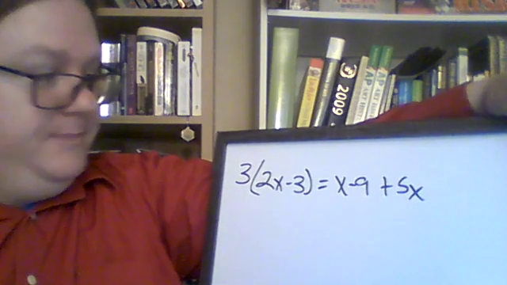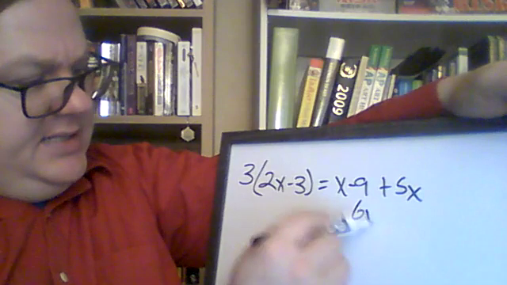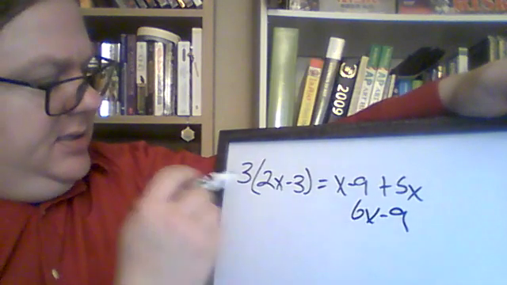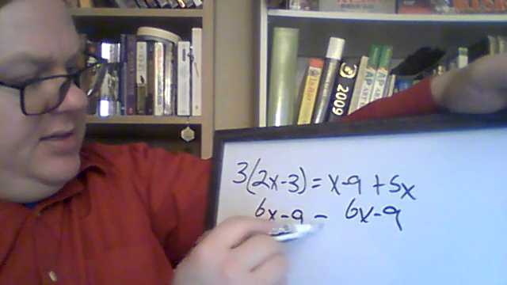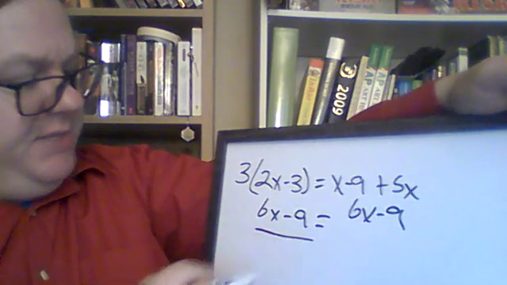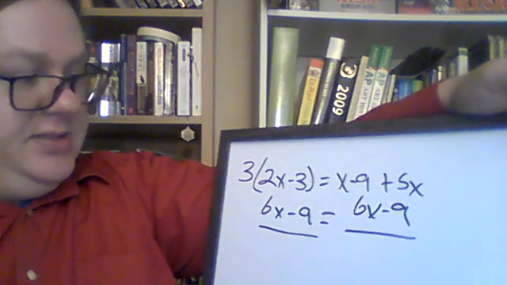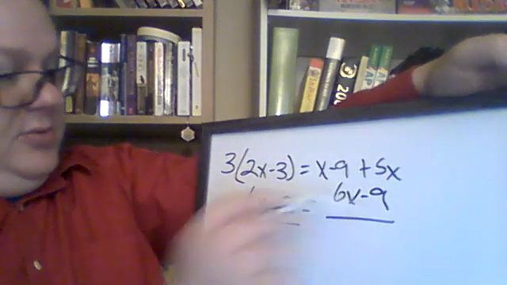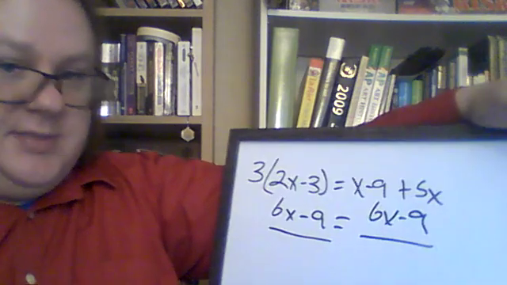We don't know yet. So let's see. 5x plus x is 6x minus 9. 3 times 2x is 6x minus 9. See how that's the same term? 6x minus 9, 6x minus 9. That's infinitely many solutions. If you can get it down to where one side equals the other side perfectly, then that's infinitely many solutions.